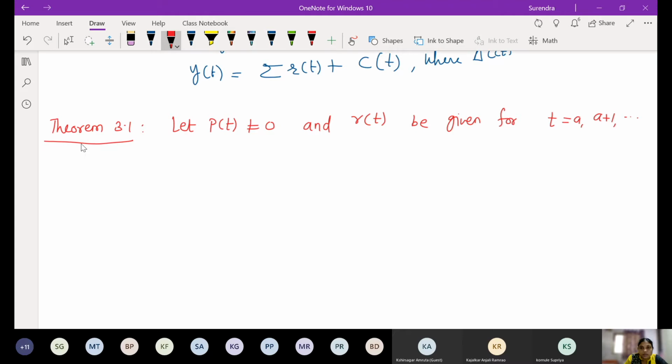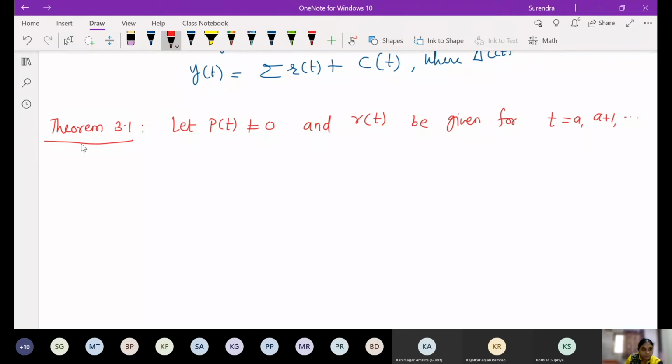If we take the anti-summation, then that c of t will just be considered as c. So this theorem we are proving for discrete values only.